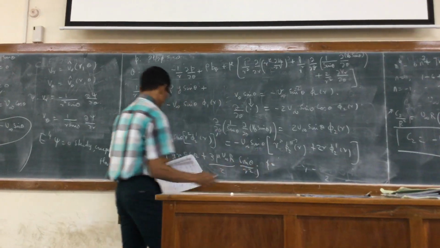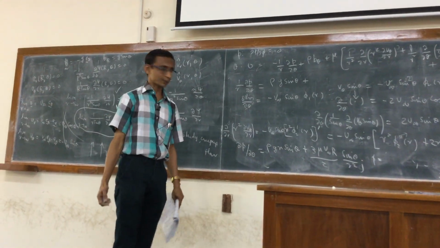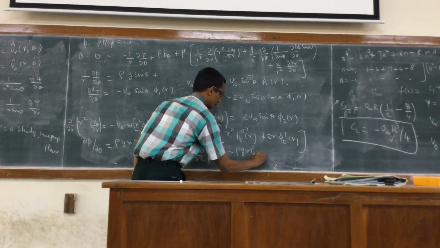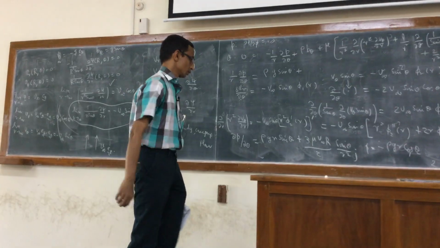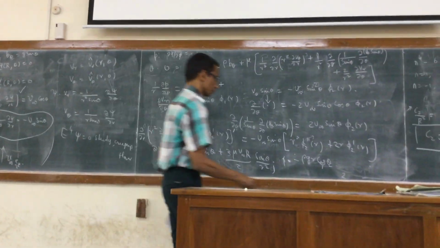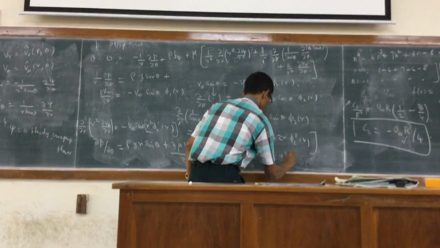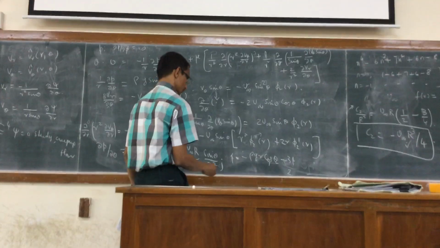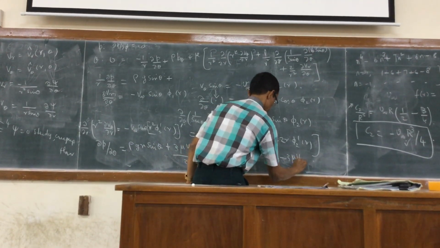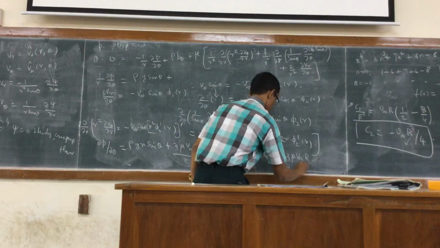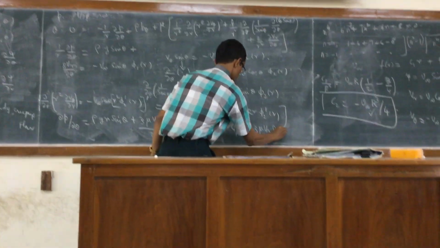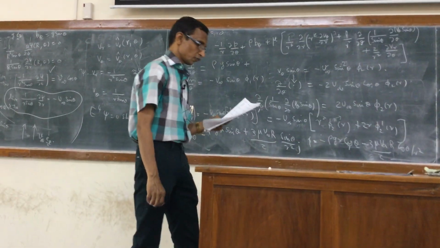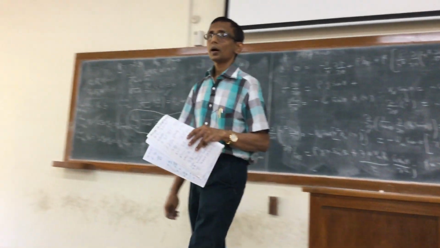P itself would be the integral of sin theta, which is minus cos theta. So I will get minus rho g r cos theta, again with plus 3, minus 3 over r square, plus some function of r.